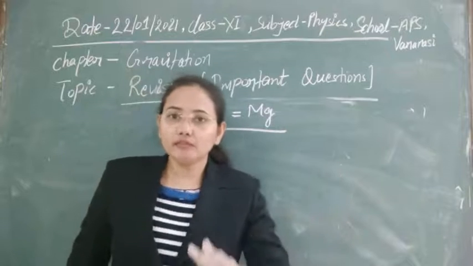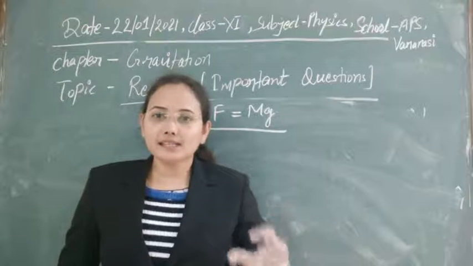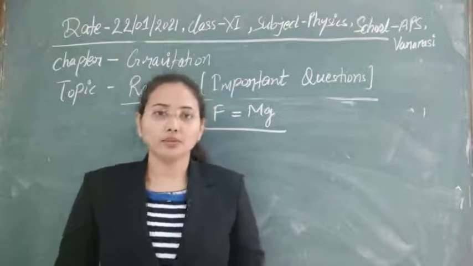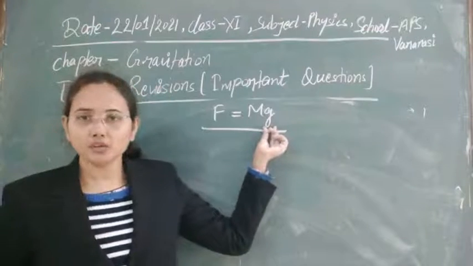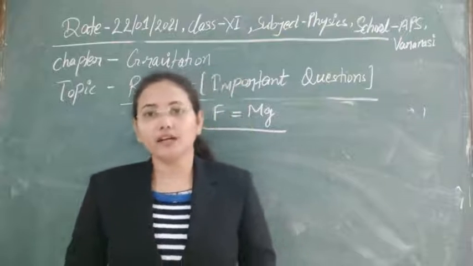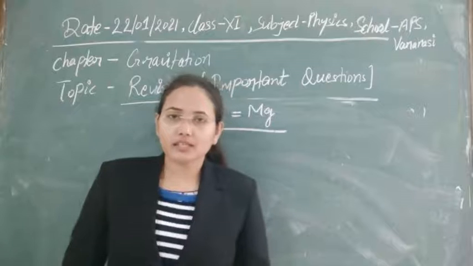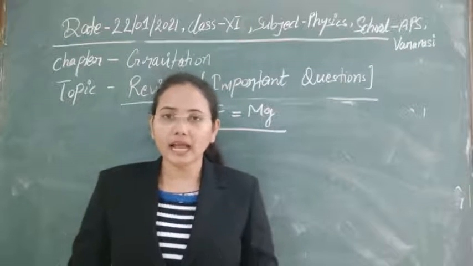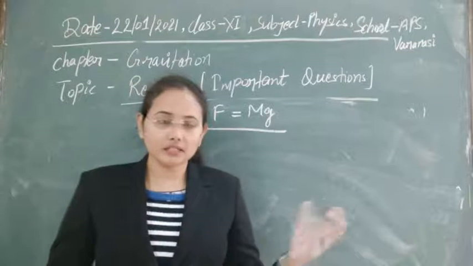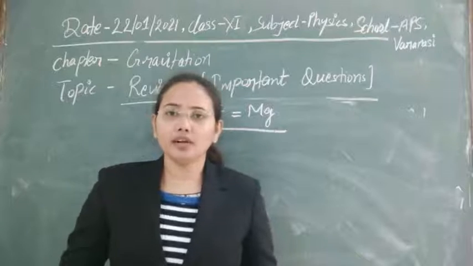So this is called gravity. Gravity is a force through which the earth is pulling any body, and the acceleration with which it is pulling the body is known as acceleration due to gravity, and we denote it by small g. Whenever there is a change in height or depth, there is a change in gravity, and due to this change the body experiences different forces, with the strength of the force increasing or decreasing.